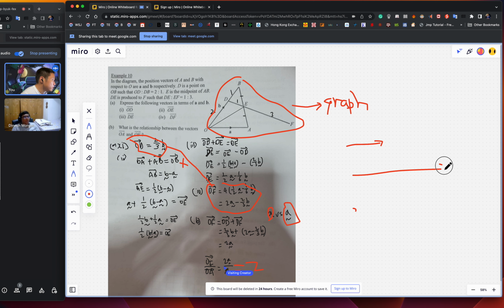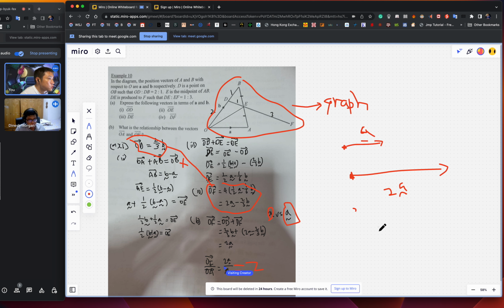When you have A, this is your A, and then you have this 2A. It's the same direction, and at the same time you start from the same point O, right? So they have to be collinear.